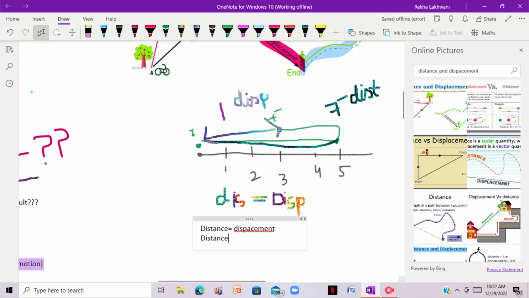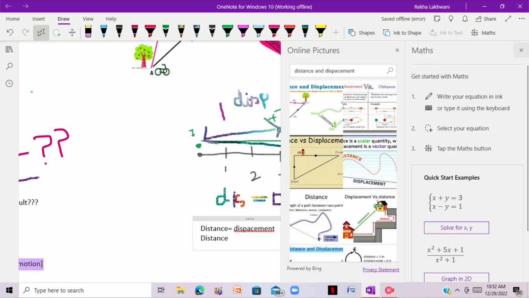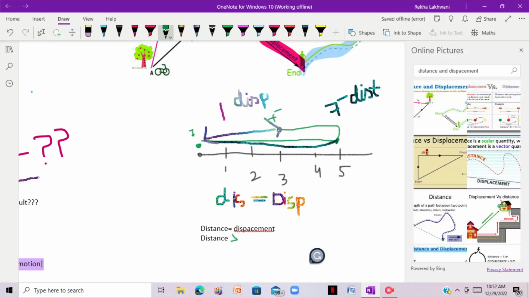One more important thing: with time, distance will always increase or remain constant, but displacement can decrease too. For example, let me erase this one. I'm moving from here to here as time is passing, and I have reached over here.